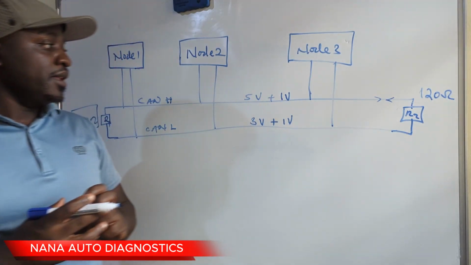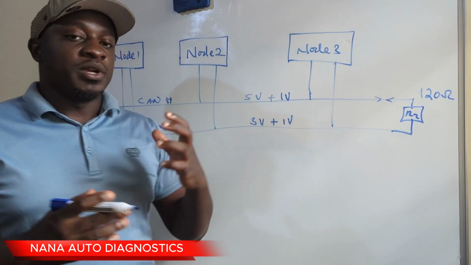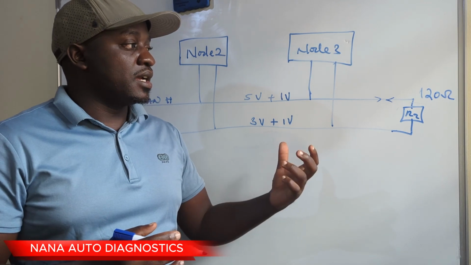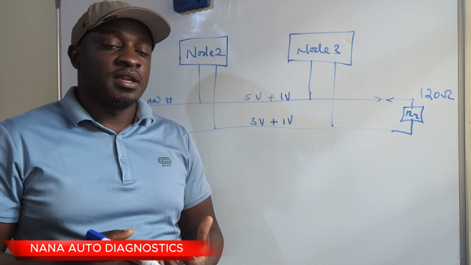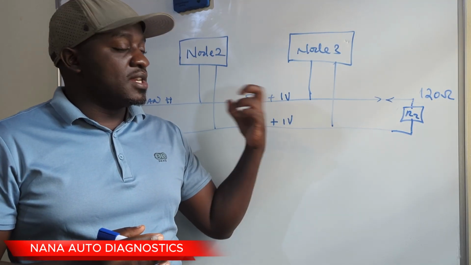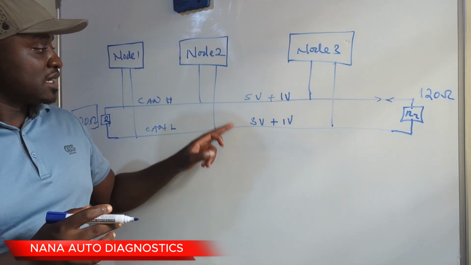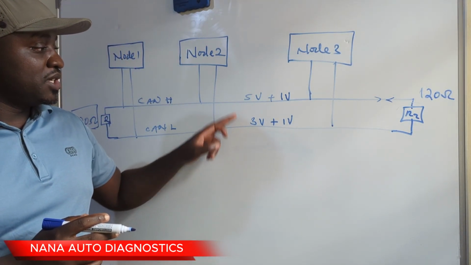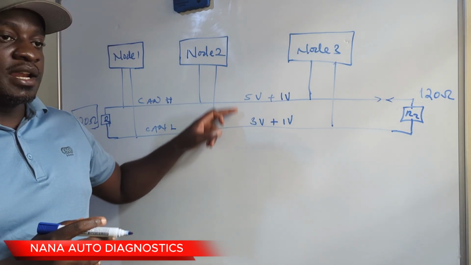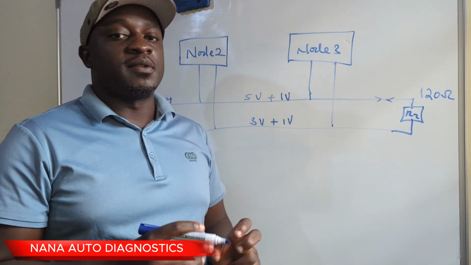So why am I talking about these resistors? When it comes to diagnosis, you can be able to tell, depending on the resistance on the CAN bus, whether the terminating resistor is shorted or it is missing, or the lines CAN high and CAN low are shorted to each other, or there is an open on either line, depending on the value of the resistance that we measure on that bus.